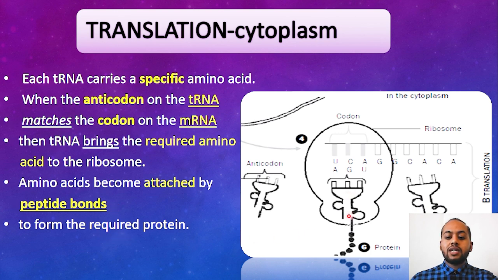So the tRNA is bringing the anticodon complementary to the codon on the mRNA. The amino acid gets brought to the ribosome. Amino acids get joined by peptide bond to form the required protein. So that is the process of translation.